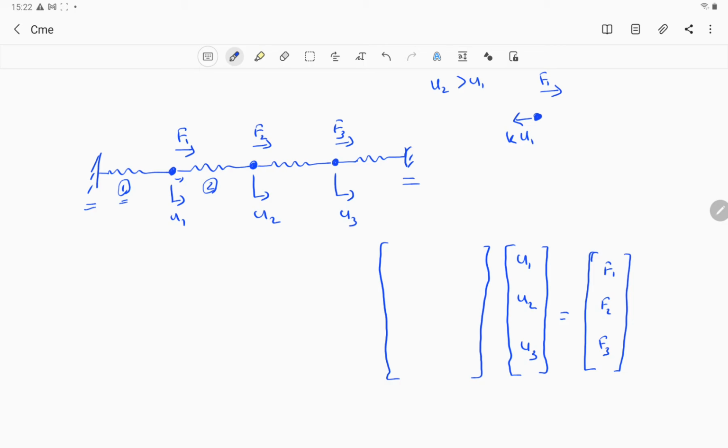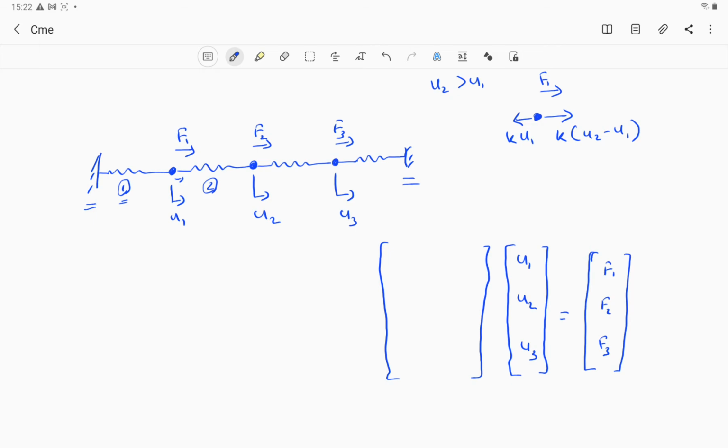If that's the case, the spring will be in tension, so the force will be in this direction, and the force is K times U2 minus U1.